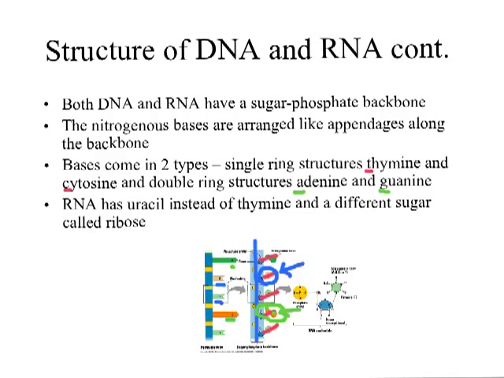Instead of thymine, so instead of the T, we have a uracil. So we have a U instead of a T in RNA. And like I said before, we have a different sugar called ribose versus deoxyribose. But otherwise, the other characteristics are pretty much the same between DNA and RNA.